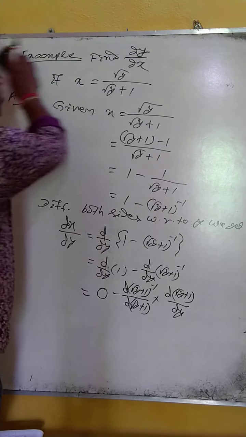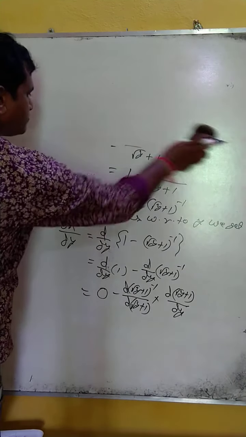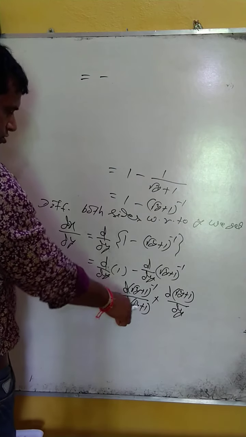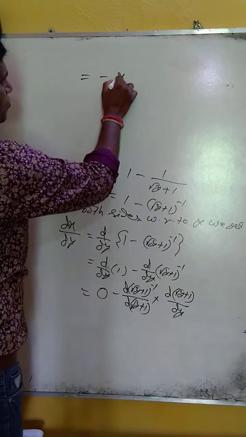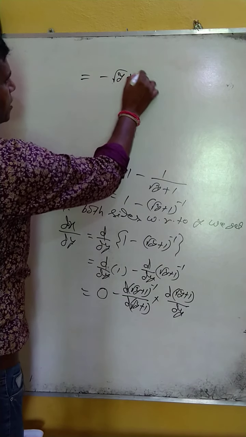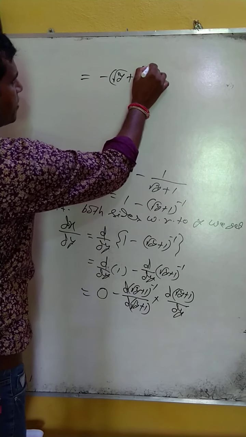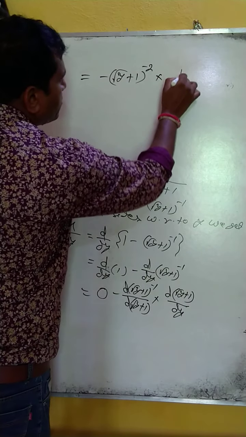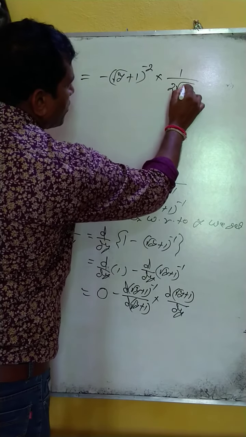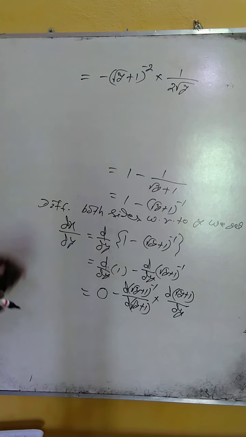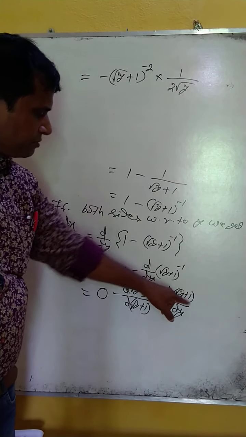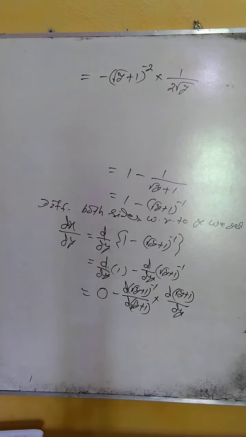So we write here that equal to minus x minus y root over y plus 1 to the power minus 1 minus 2 into 1 by 2 root over y, because the derivative of root over y is 1 by 2 root y and the derivative of 1 is 0.